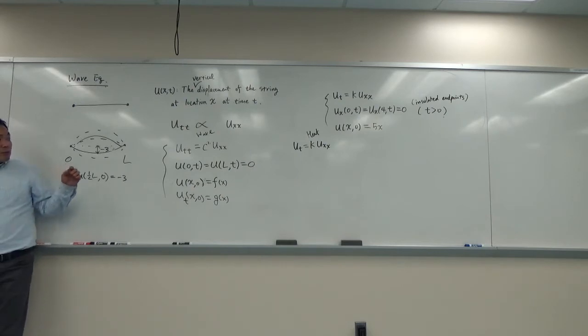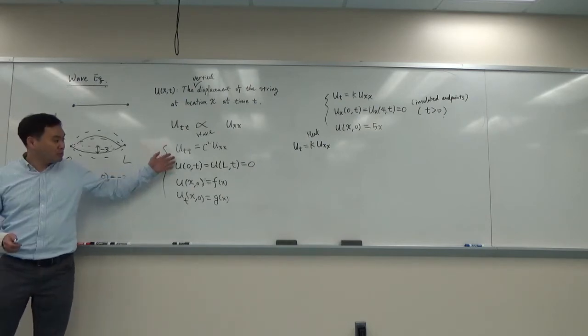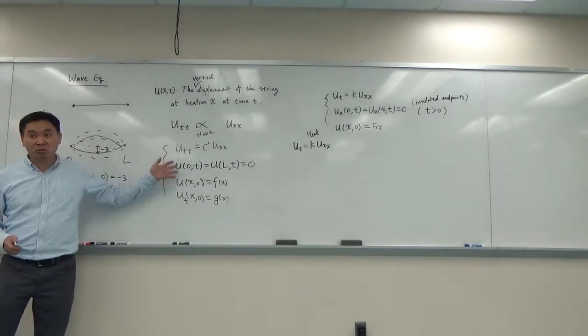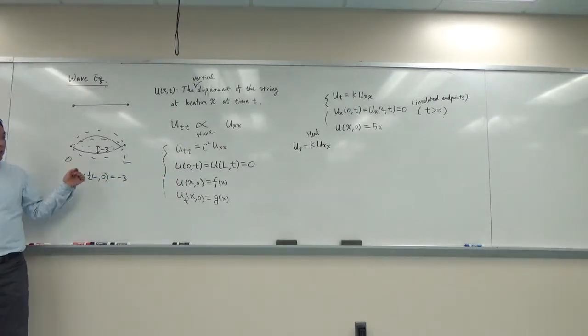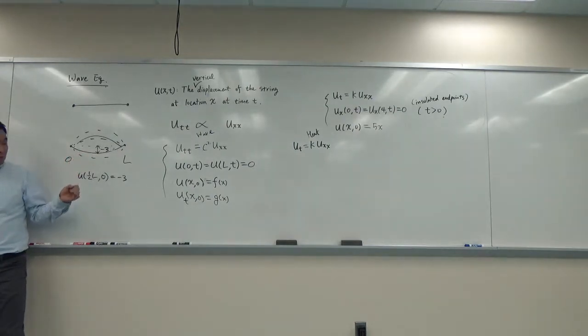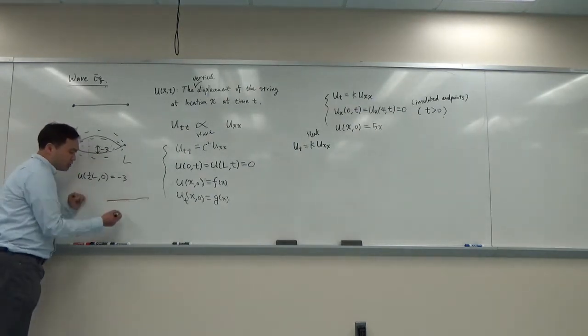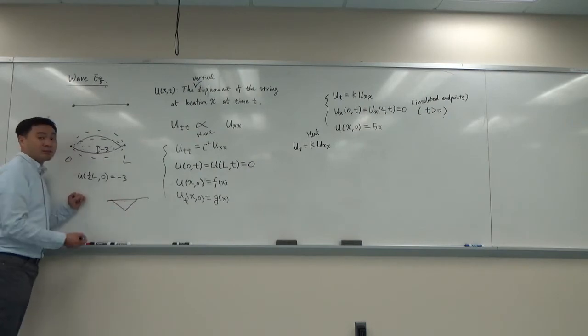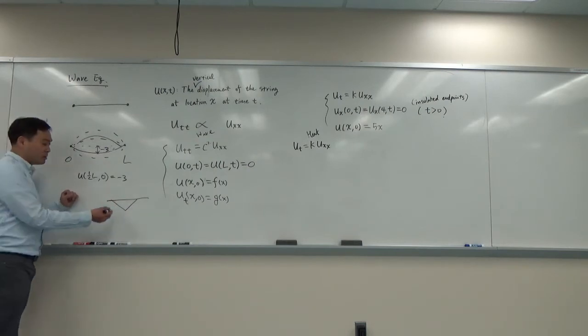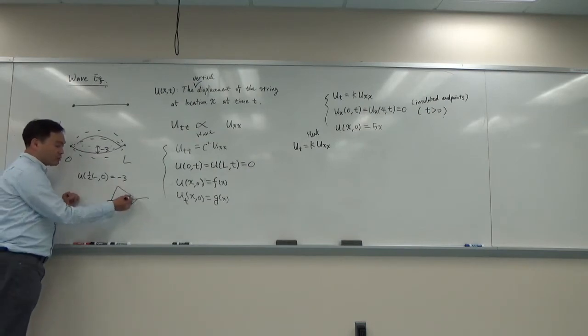And therefore, if you think this is an exact description of a string vibrating, it will give you some non-physical answers. So one thing is, if your initial condition is like this and you make it vibrate, then it will be going back and forth like that.